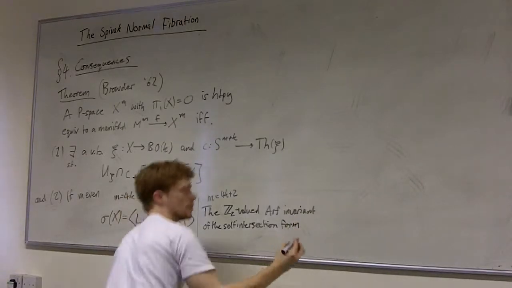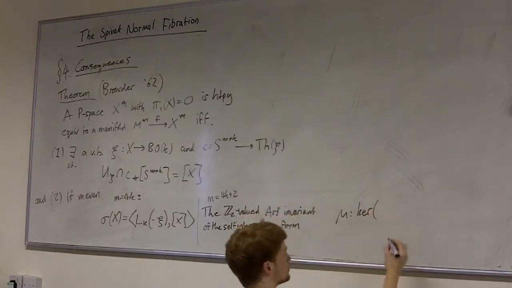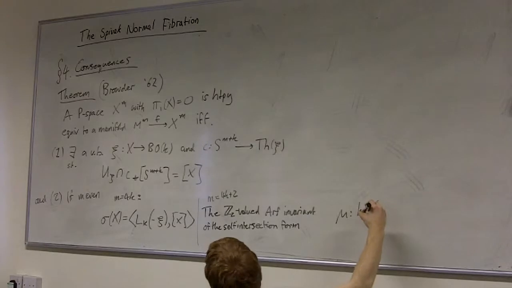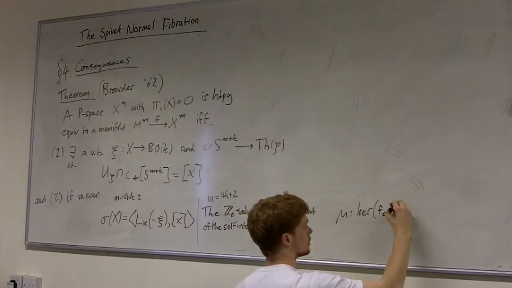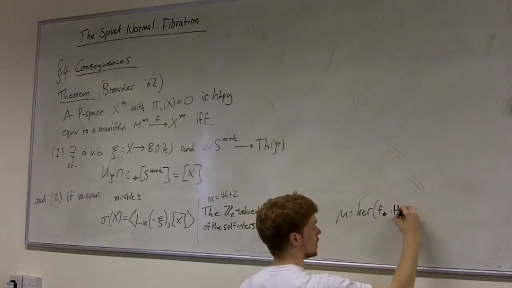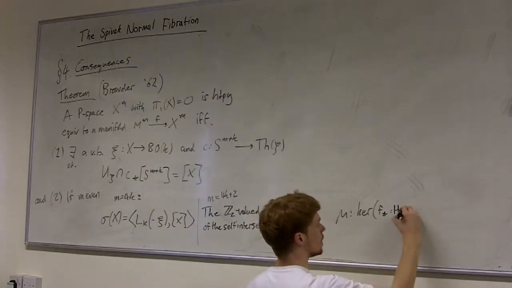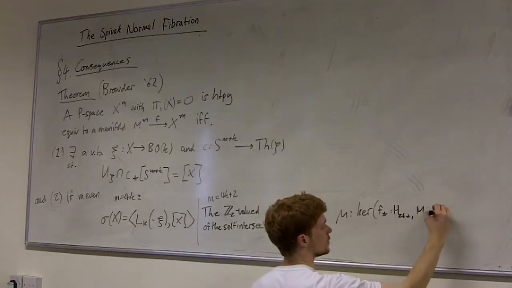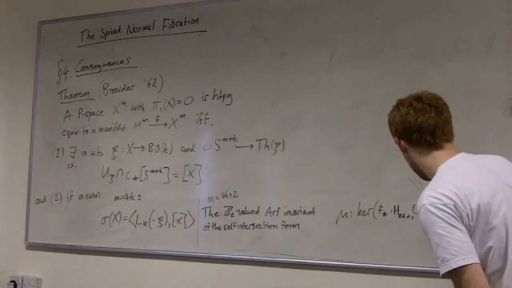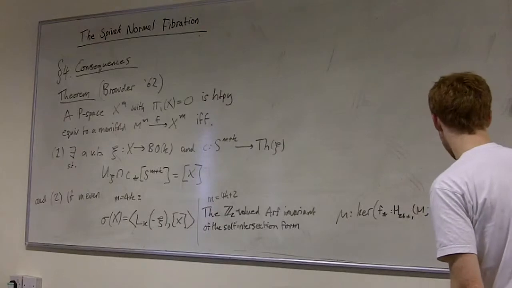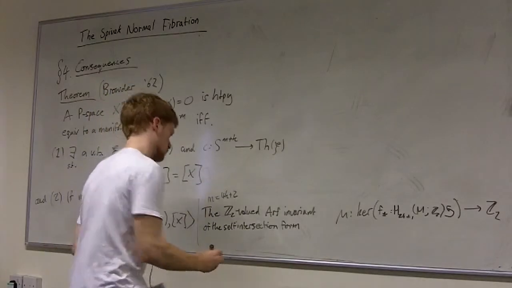Mu, so remember mu is a form that goes from the kernel of, so I guess F is our map here, so F star of the, do I mean this? Yeah, I think I mean this. So 2K plus 1, a manifold, Z2 to itself, and that goes to Z2. Vanishes.